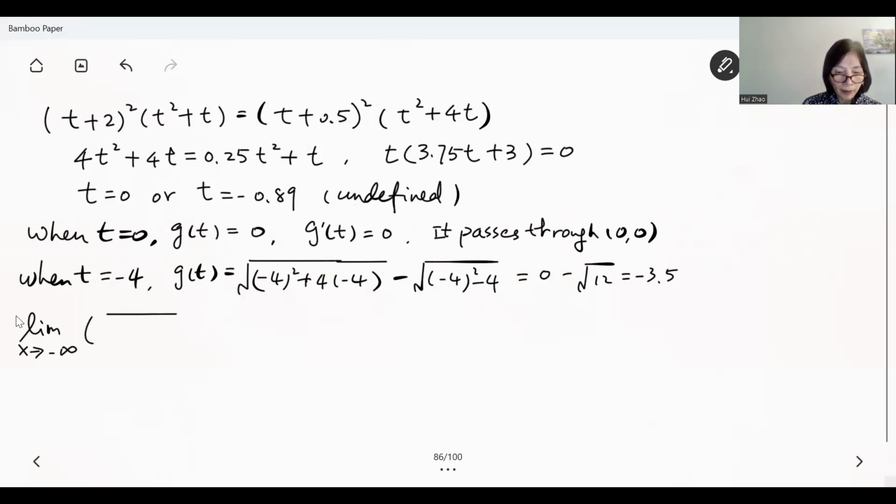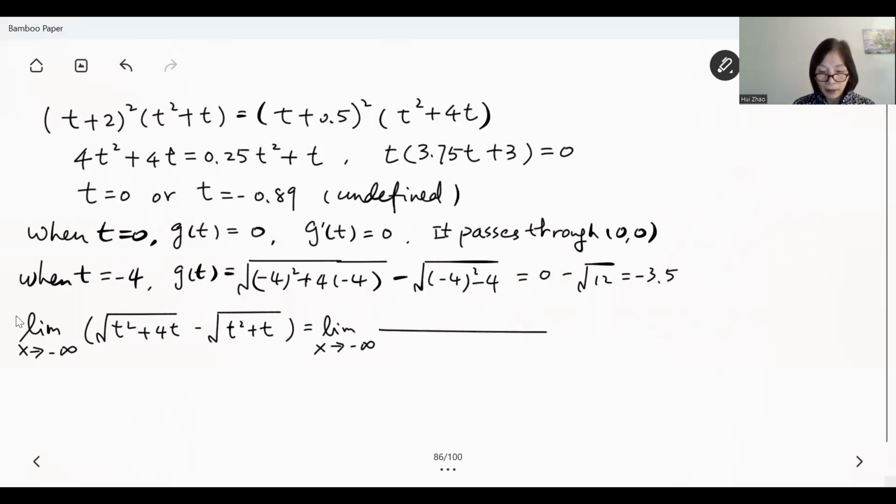The limit is the square root of t squared plus 4t minus the square root of t squared plus t, right? And then for the limit, we can multiply the numerator by the conjugate, right? Conjugate.